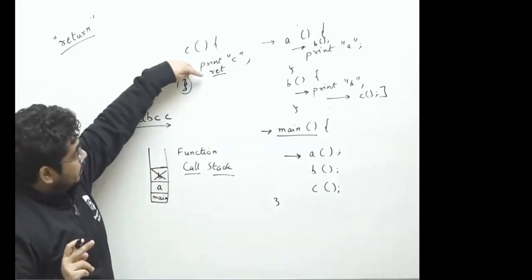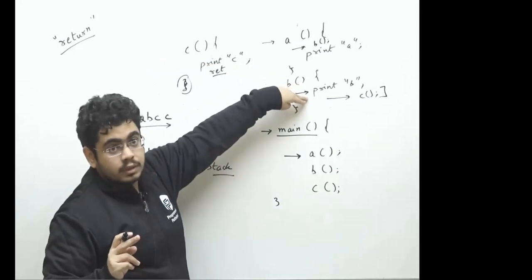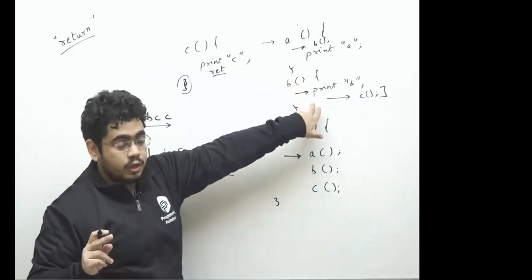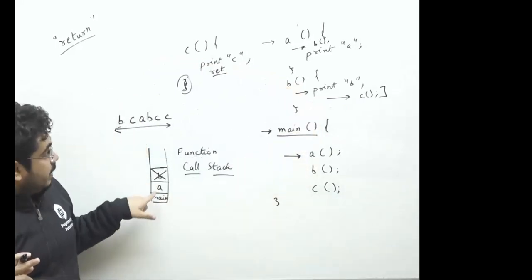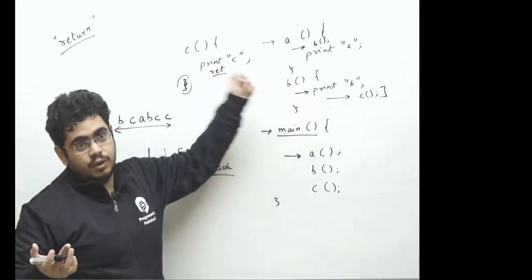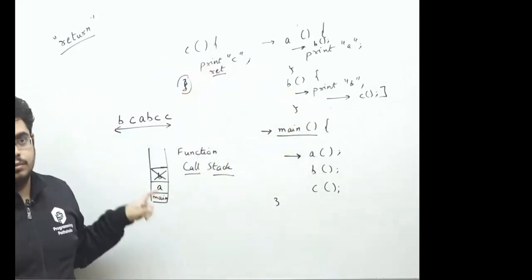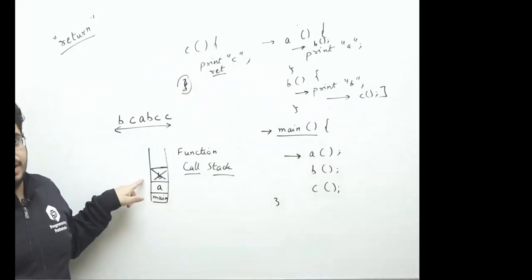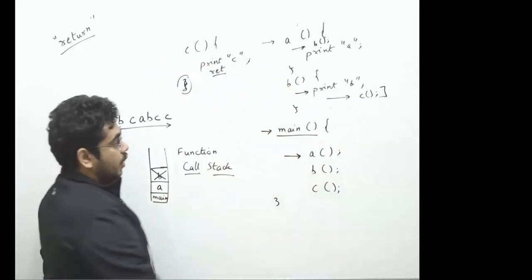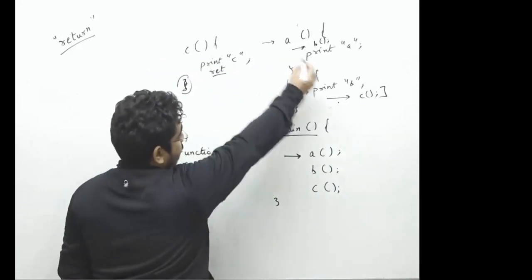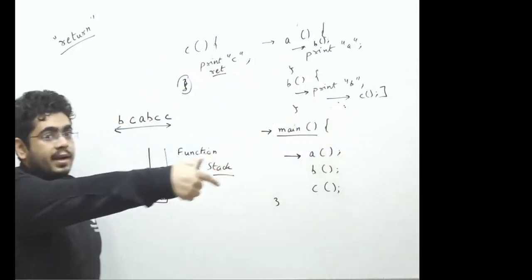Now it goes back here, where C was called. And now we only have main, A and B in our flow. We don't have C because it's gone, right? Am I making sense why this was removed? Because now the history is only main and A, not B. I am back at B.